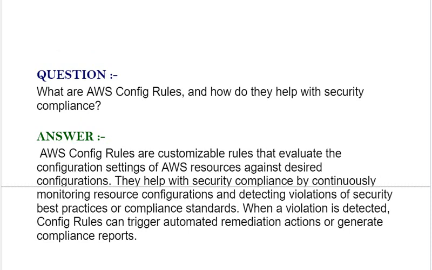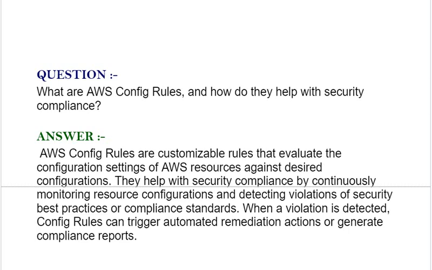Our next interview question is: what are AWS Config rules and how do they help with security compliance? Your answer should be: AWS Config rules are customizable rules that evaluate the configuration settings of AWS resources against desired configurations.